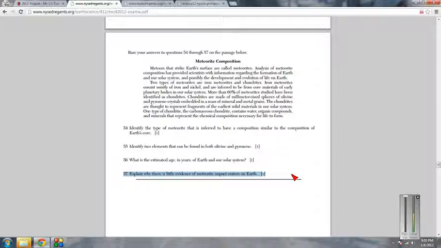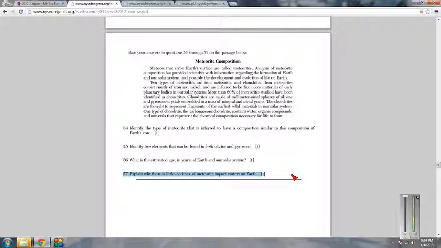The real reason is that the moon doesn't have an atmosphere like the Earth. Because they don't have an atmosphere, they also don't have rain, they don't have weathering, they don't have erosion, they don't have deposition. So without any of these different processes, the moon is going to show the craters. But because we have weathering and erosion, our meteorite impacts are completely covered up.